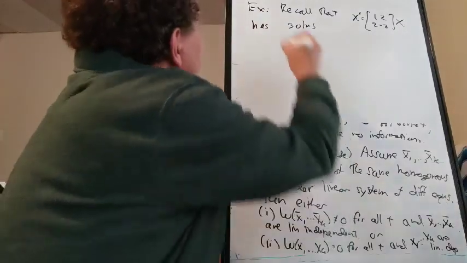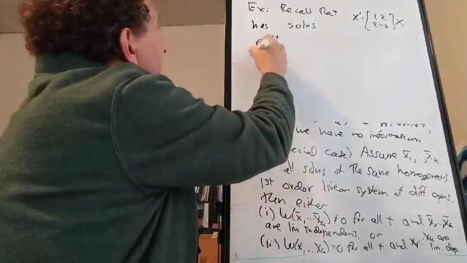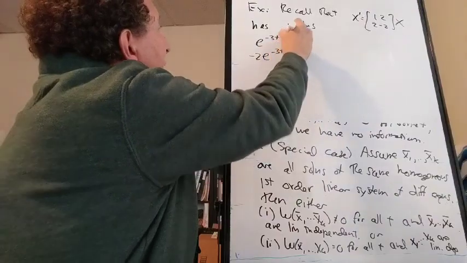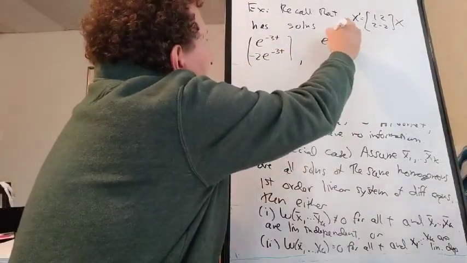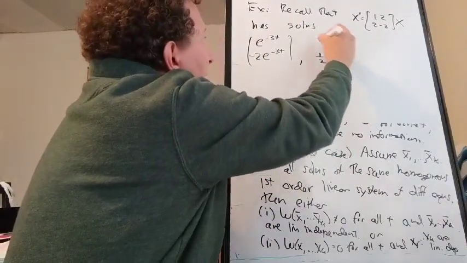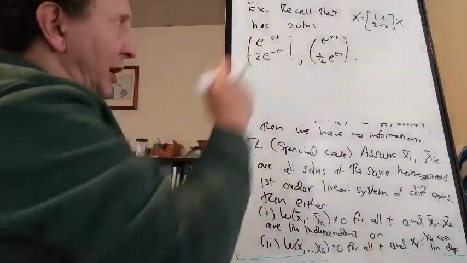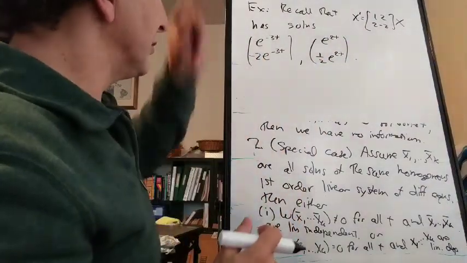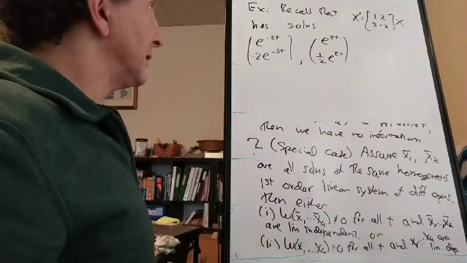We verified that e to the negative 3t, negative 2e to the negative 3t is one solution, and e to the 2t, 1/2 e to the 2t is another solution. We also verified that all linear combinations of these are solutions, but here are two solutions. So the question is, are these linearly independent solutions or not?